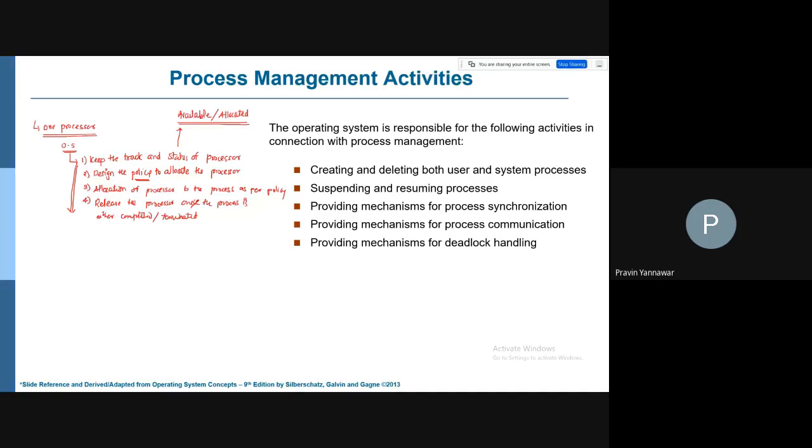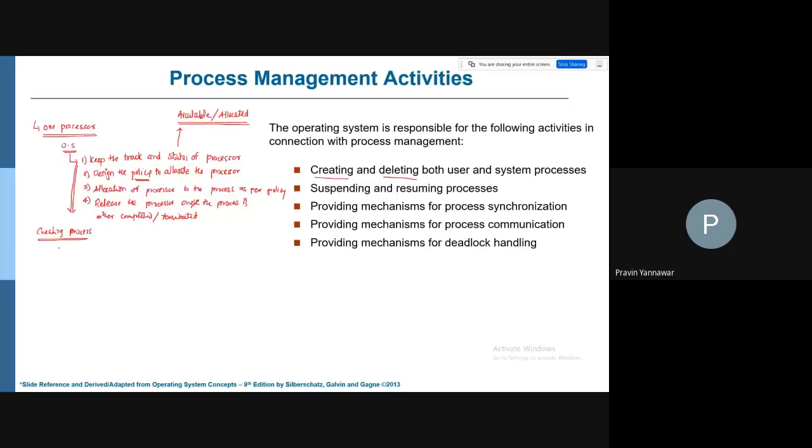So if this is our management policy, then we need to think about the activities in connection with process management. One first important thing is that you should be able to create or delete either a user or system process. Whenever we are creating a process, the term we need to understand is that before a process, it is just a program.